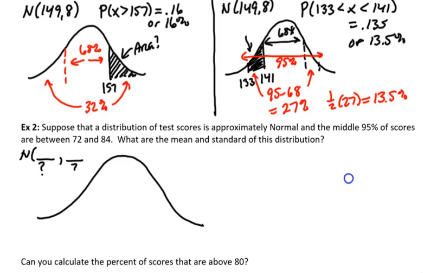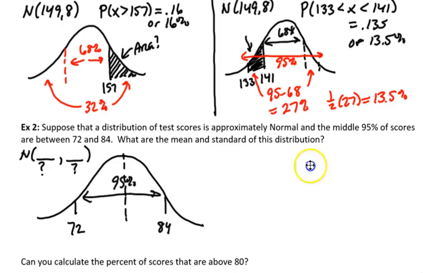I don't know what either of those are, but I know that two standard deviations from the mean are 72 and 84, and that this would be the 95%. I know it's two standard deviations because I know that's 95%. So what I'm looking for is what's halfway in between.